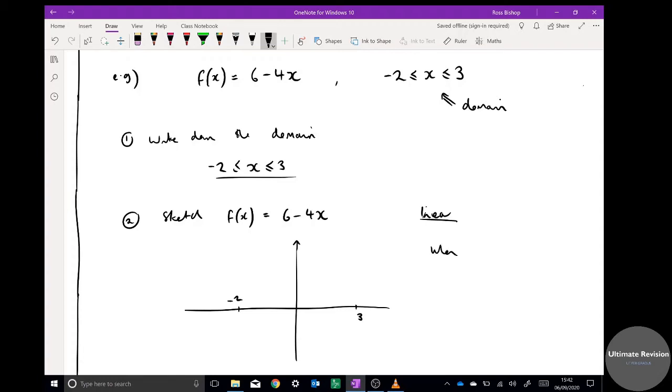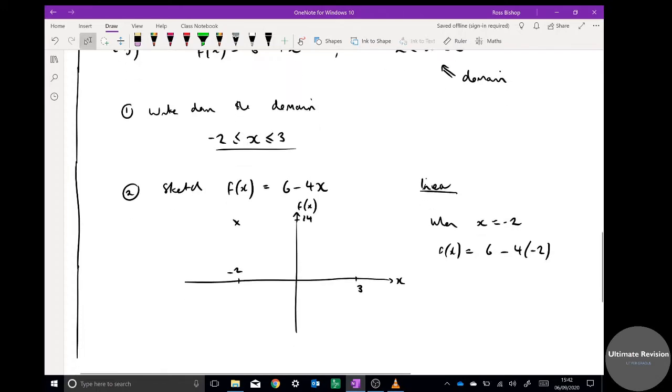So it's useful to just use the extremities here. So when x is minus 2, what is f(x)? It's a little bit like y, so I'll just put f(x) there. When x is minus 2, f(x) is going to equal 6 minus minus 8, which is 14. So the graph starts at 14.